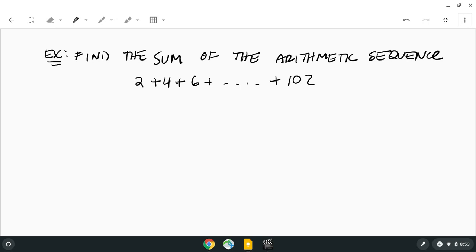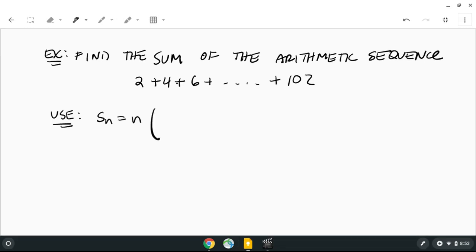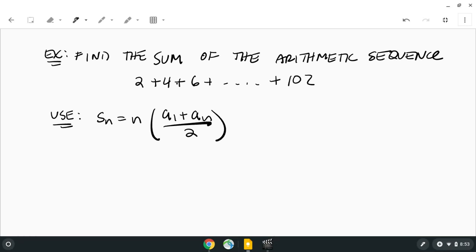Great, we have a formula, right? Sn says you can take the sum of the sequence, and that's just n times your first term plus your last term, divided by 2. Let's plug these in.